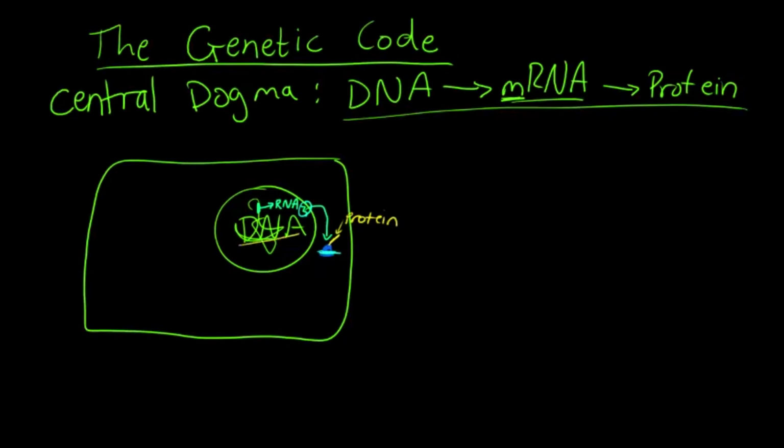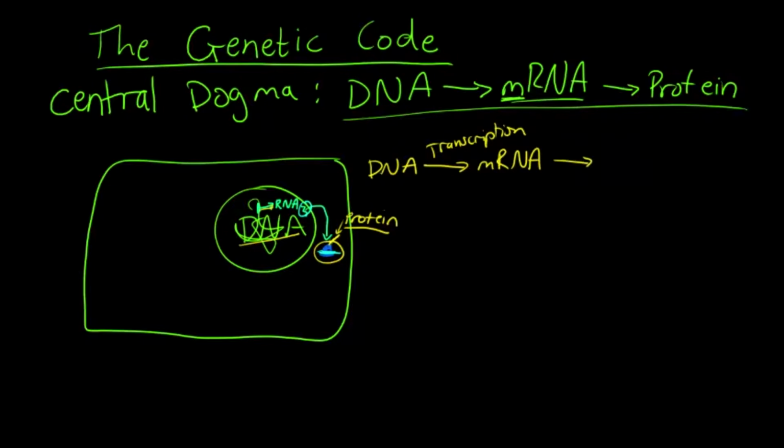So we went from DNA to RNA right here. The RNA went out to the cytoplasm and was translated into a protein. DNA to messenger RNA is done by transcription.